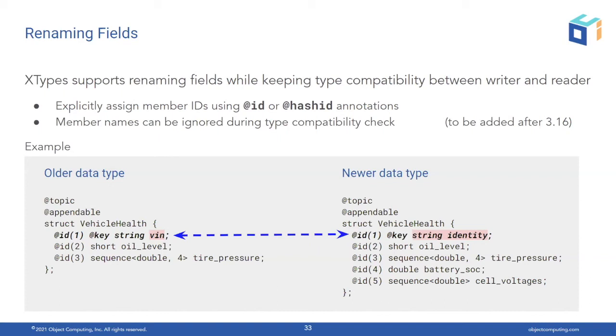And the second thing we need to do is to set the QoS of the reader side of the application so that it ignores the member names when it is doing the compatibility check between the older type and the newer type. We note that this feature hasn't been implemented in the 3.16 version of OpenDDS, but we will be adding this very soon to OpenDDS.